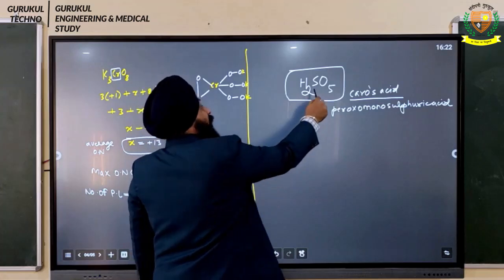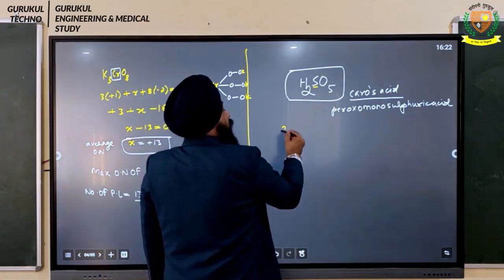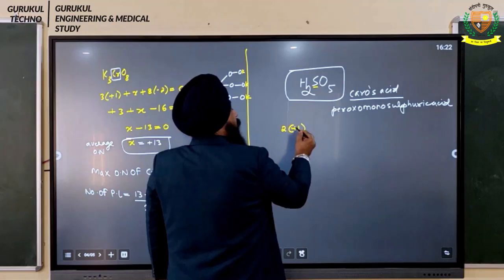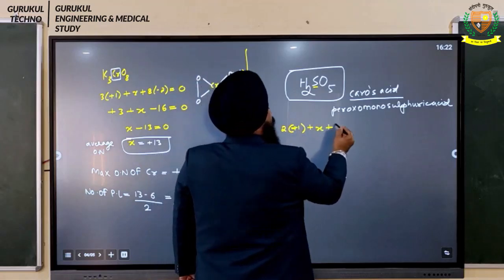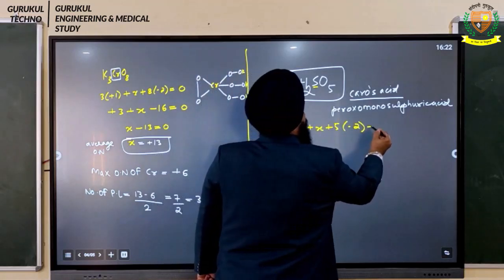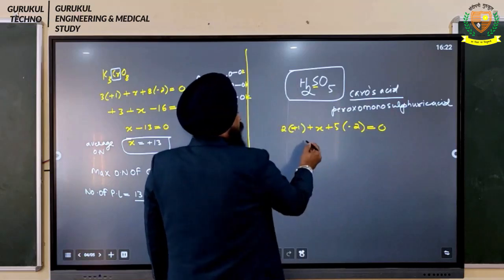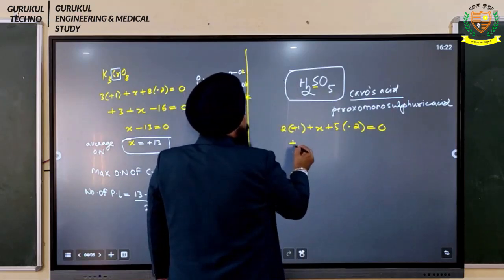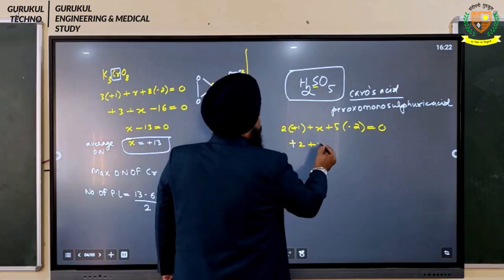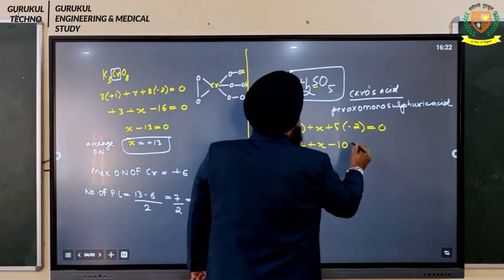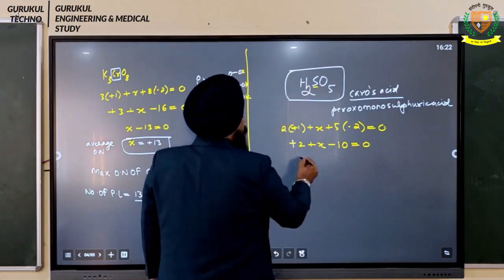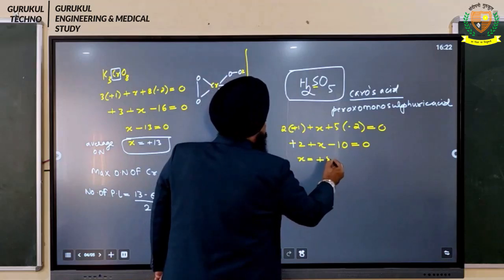See, there is only one central atom. So you will say 2 into plus 1 plus X, 5 into minus 2 is equal to 0. So here it is plus 2 plus X minus 10 equal to 0. So X is going to become plus 8.